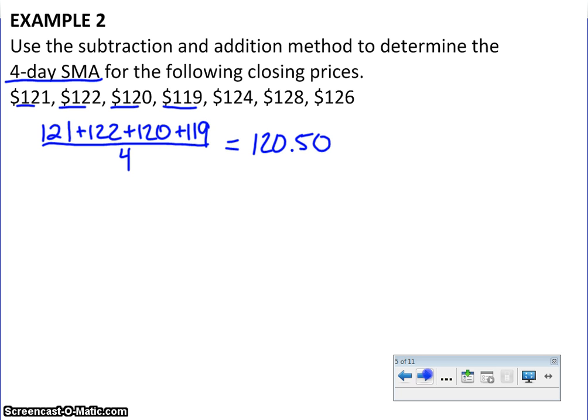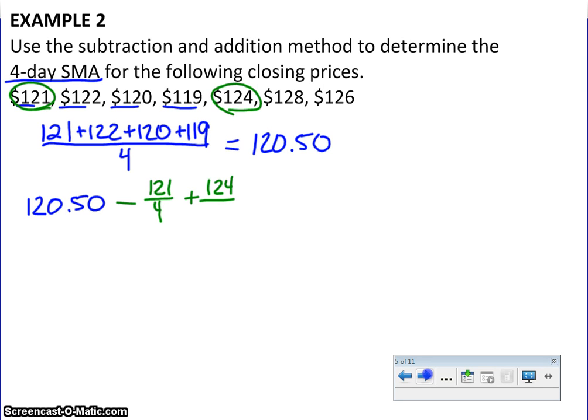Now here's where the addition subtraction comes in. We're going to come down here and leave our same value that we ended with on the first calculation. We're going to take out the first number because that one is the one we're not including anymore. And we need to make sure that we keep it over 4 so that we are calculating it correctly. And then we're going to add in the 5th one.